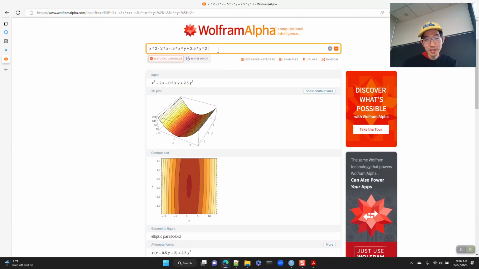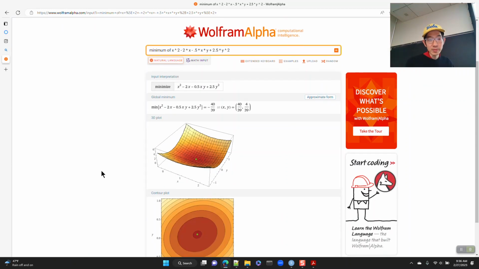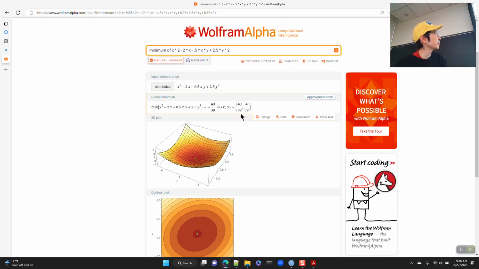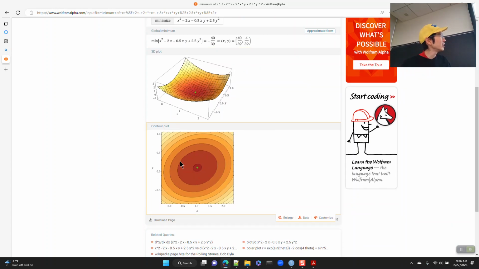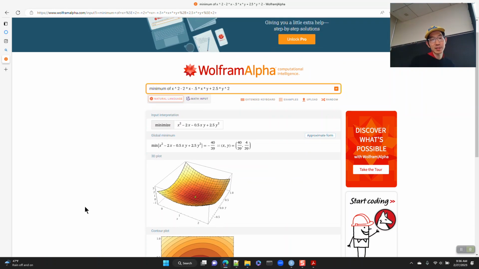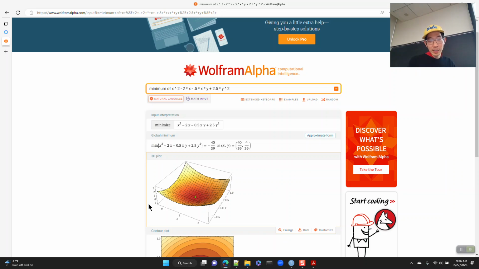Okay, so it finds the minimum. The minimum is located at 40 over 39 and 4 over 39, x and y, and then it says here's your contour plot, and this is where your minimum is located. Okay, so thank you, Wolfram Alpha, right? It's a beautiful website and stuff.